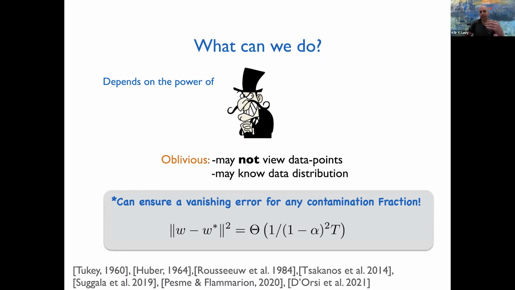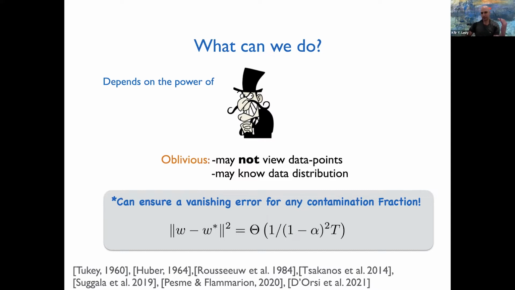Even if you allow the adversary to, for example, contaminate 90% of the samples. So we can find a solution that is close to W star that goes like 1 over the number of samples that we have, of course depending on the fraction of contaminated samples. And this is the setting that we are going to focus on today.